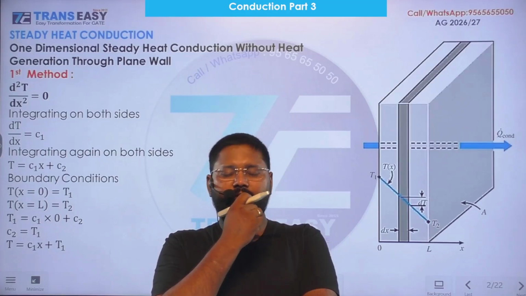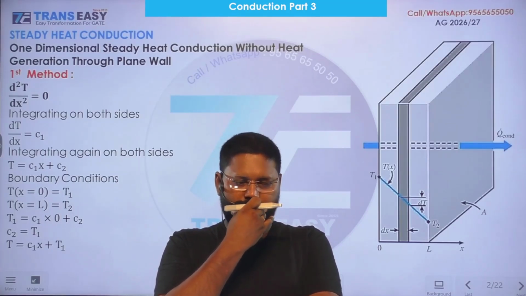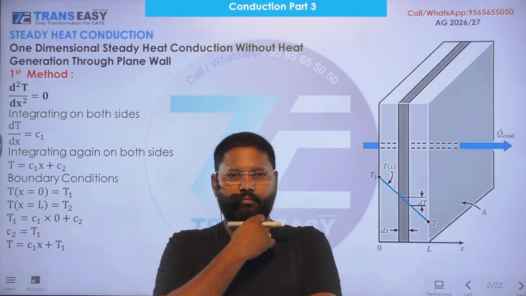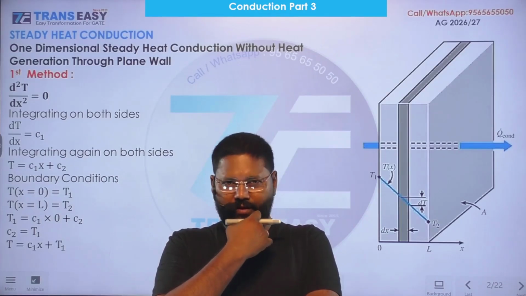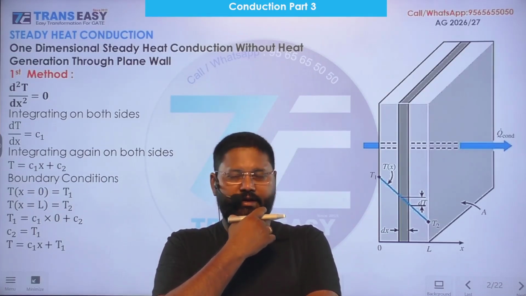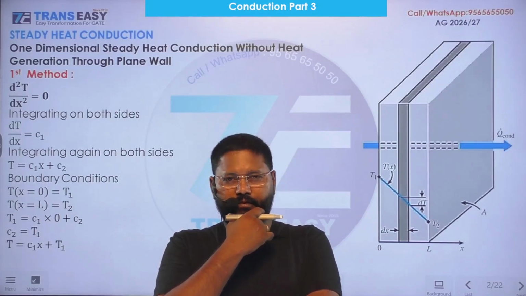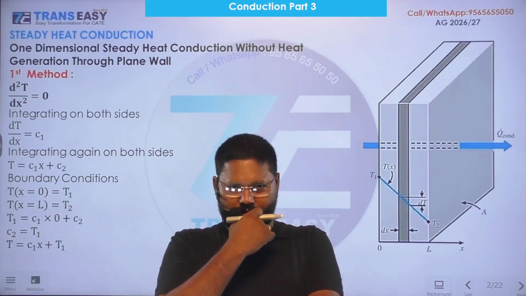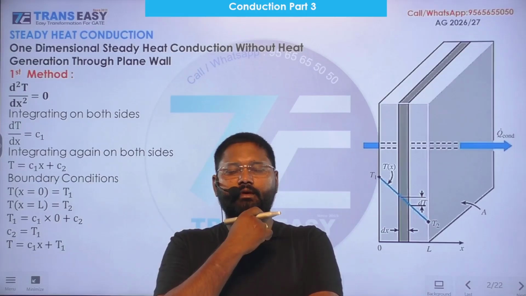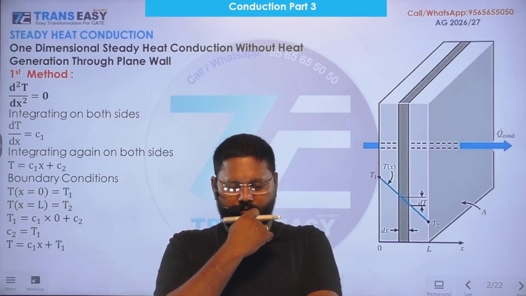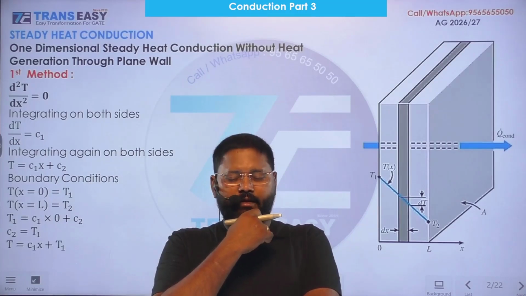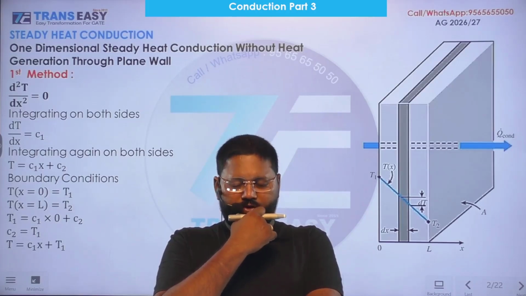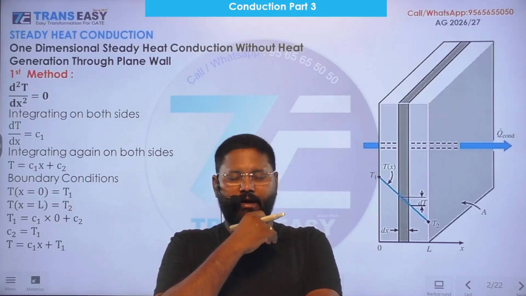So we are going to solve the heat conduction problem through a plane wall, where temperature is not varying with time at any location, and there is no heat generation, and temperature variation in two mutually perpendicular directions is negligible.